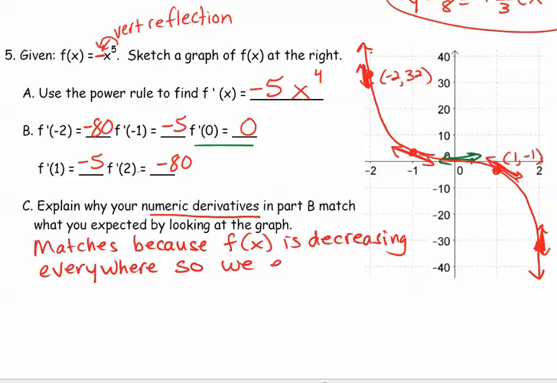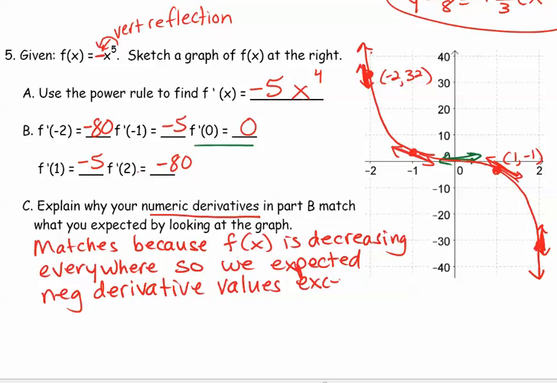So we expected negative derivatives, except at x equals 0, which has a horizontal tangent.